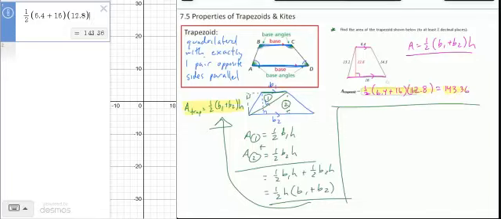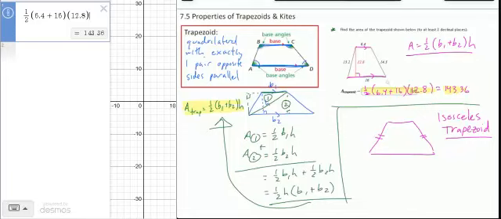Now, I mentioned we'll talk about base angles again, and that happens when you have what's called an isosceles trapezoid. An isosceles trapezoid is exactly what you would think, based on the word isosceles triangle.